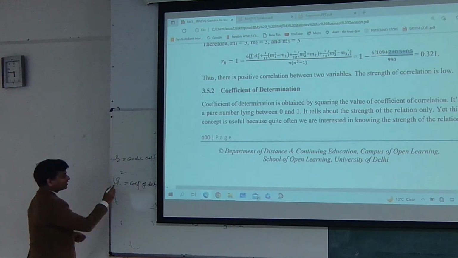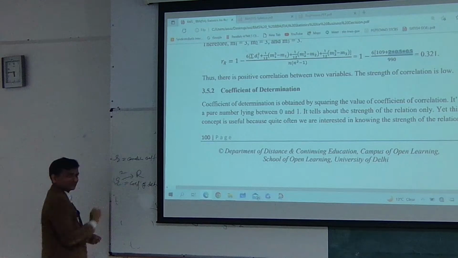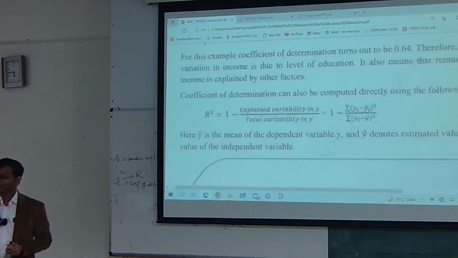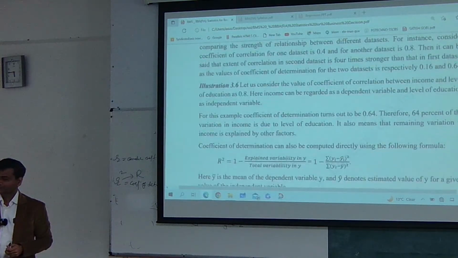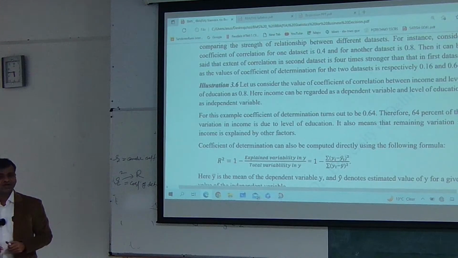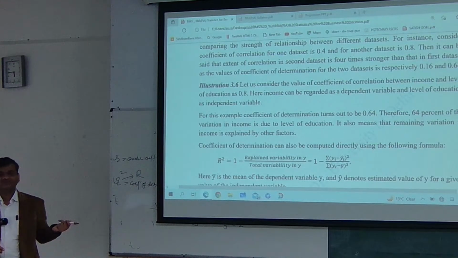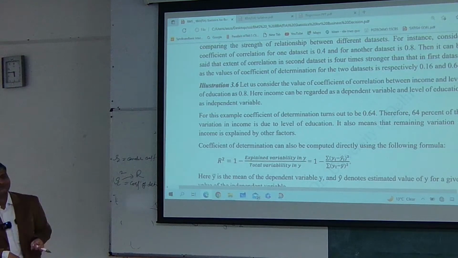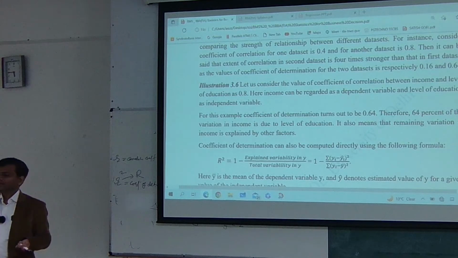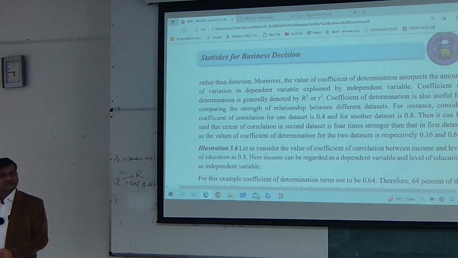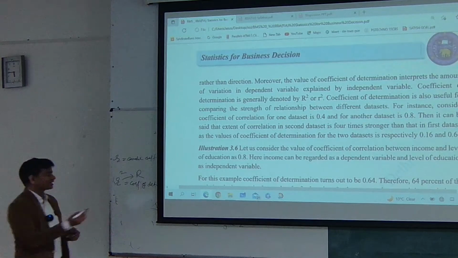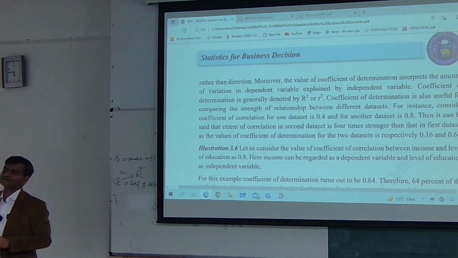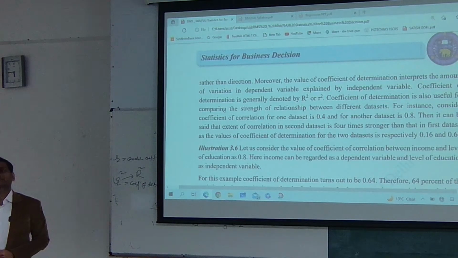And we depict it with capital R. So you can say capital R, or R square. This is the coefficient of determination and it is the square of the correlation coefficient. It is written as R square here, but in some books it may be R also. This is just notation, but it is the square of the correlation coefficient.